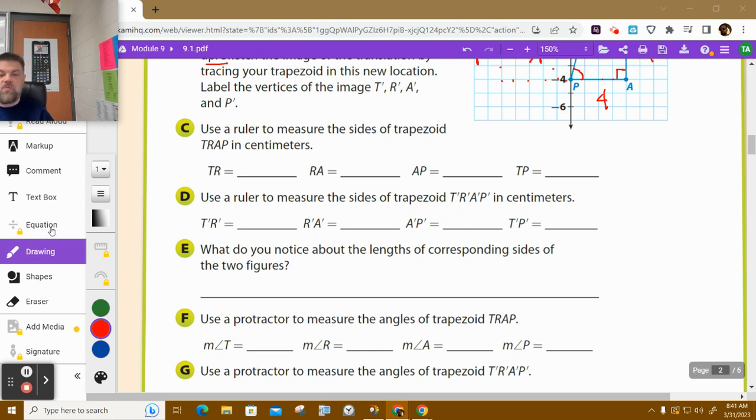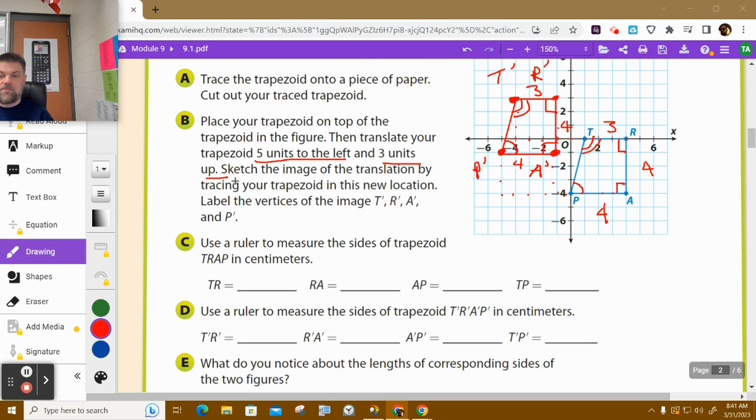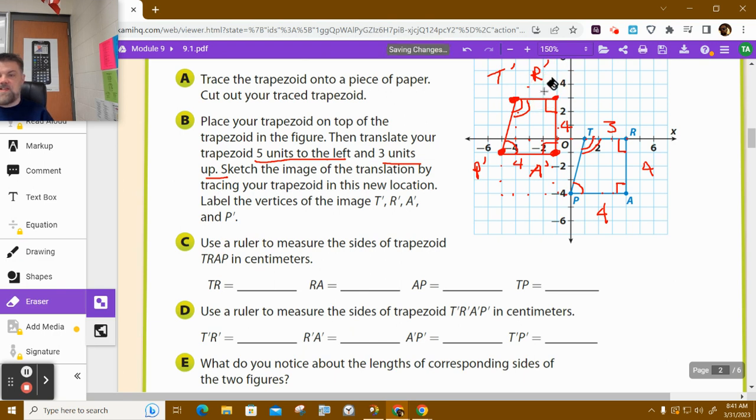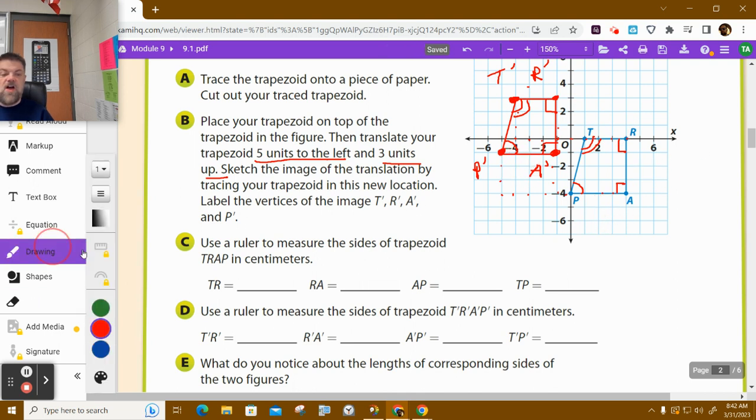Now, we are going to measure it. So how long is it from T to R? I know, I got to read ahead. So just erase this, erase this, erase this. All right, so how many centimeters is it from T to R?